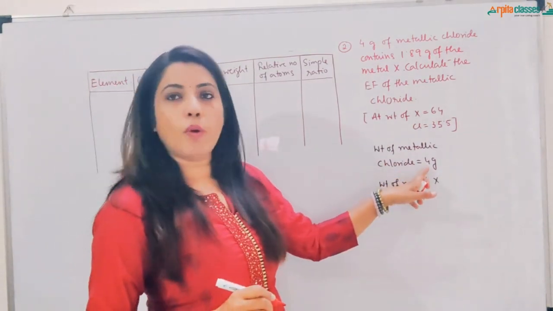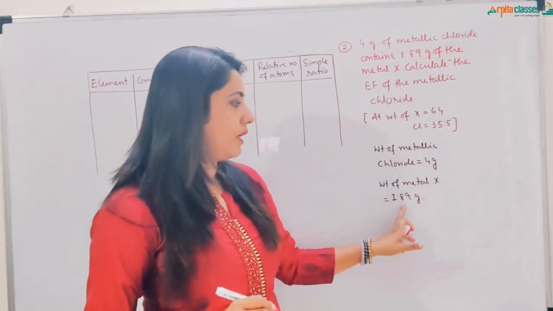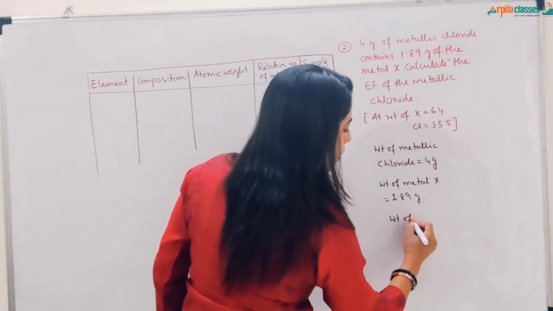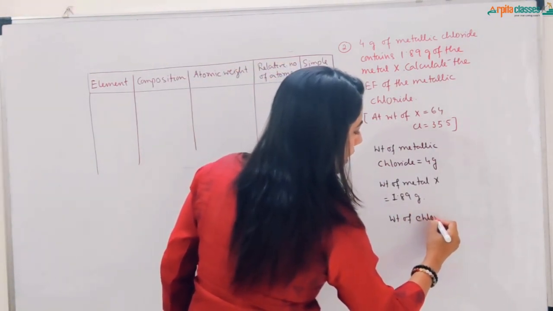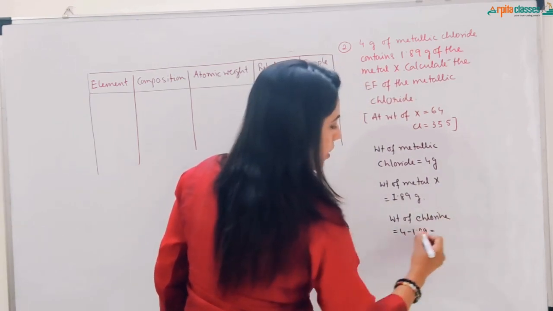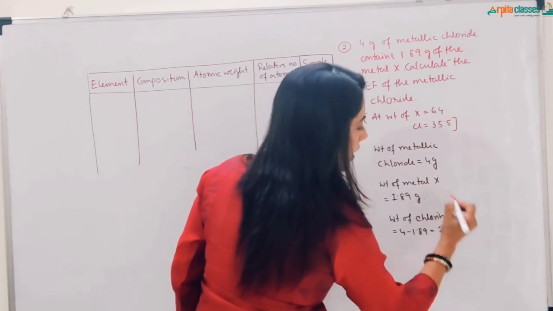So this is metallic chloride where metal is 1.89 gram. So rest of the weight will be of chlorine. So weight of chlorine is 4 minus 1.89, which will come 2.11 gram.